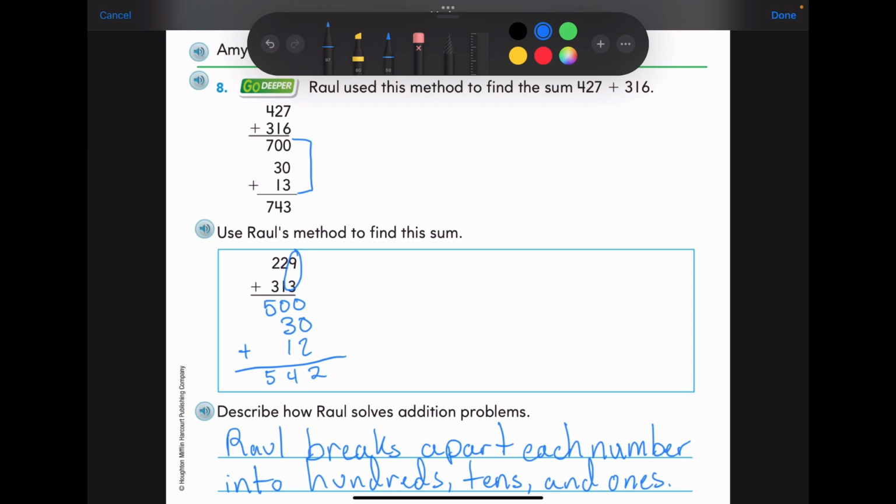I'm just giving an explanation there as to how I solved this, right in that red. And that is number 8.